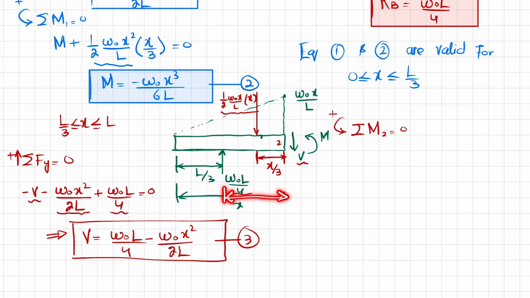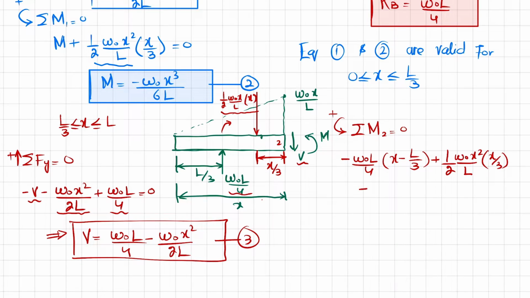The second moment is due to this load, and the perpendicular distance is X by 3, and the third moment is this external moment. Their sum must be equal to 0. So I will write it: minus W naught into L over 4 into the perpendicular distance X minus L by 3. Since it is producing clockwise moment, it will be negative, plus 1 over 2 W naught X square over L into the perpendicular distance X by 3, and plus the external moment, and their sum must be equal to 0.